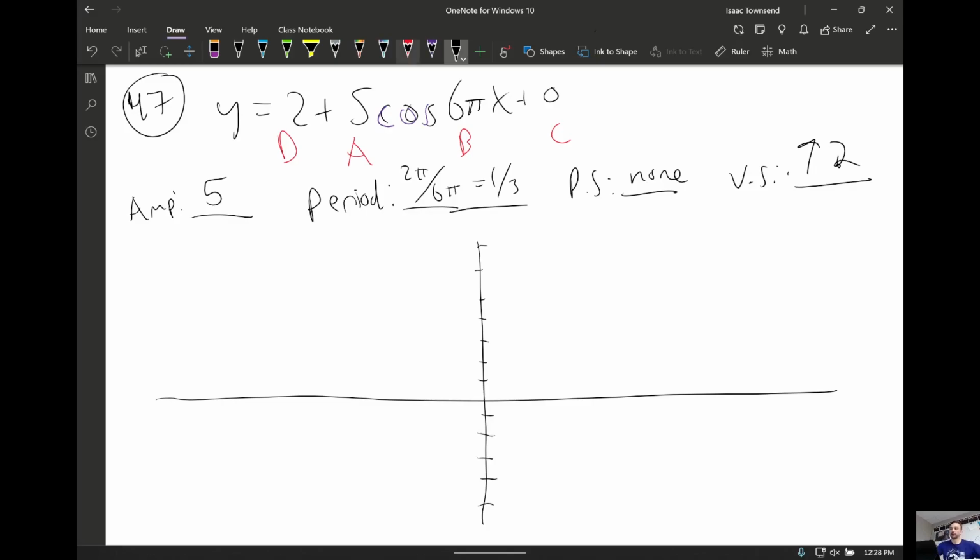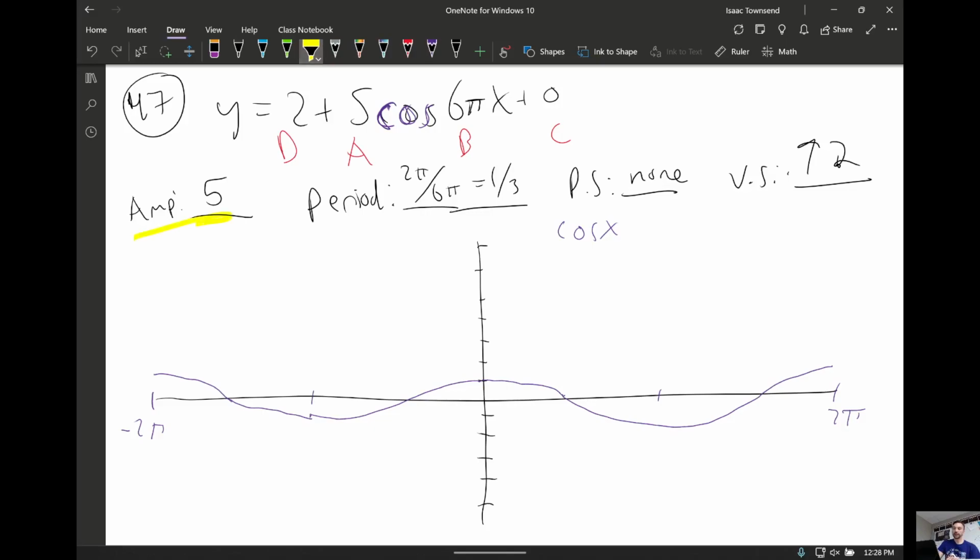Okay, but if I just graph cosine, and I call this 2 pi and negative 2 pi, okay, that's what cosine looks like. It looks a little squeezed in, but that's just because I'm making my graph that size.